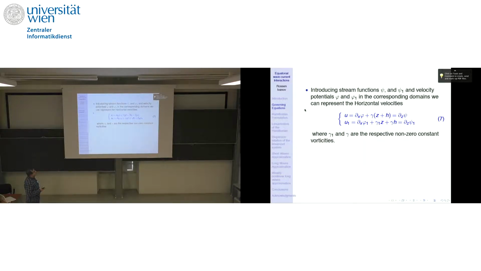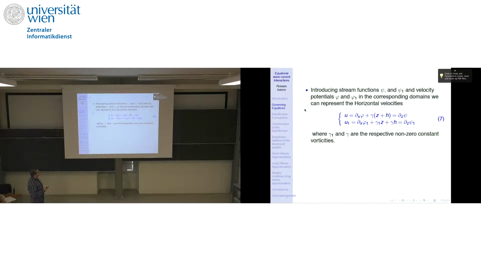But the next assumption that we make is that the velocity field can be expressed as a perturbation of the current field plus something that's potential, so that the wave motion is essentially encoded in this potential part.